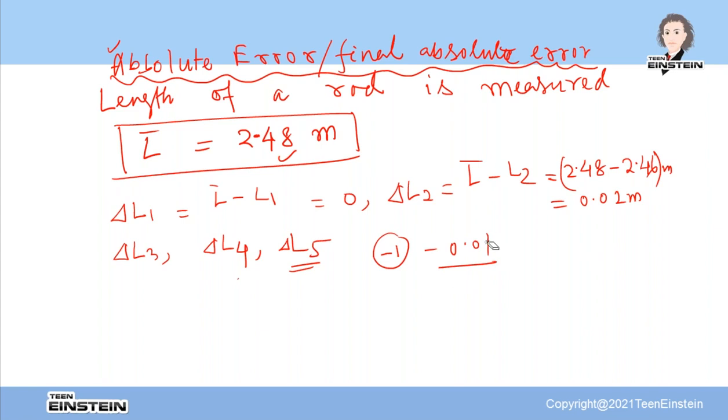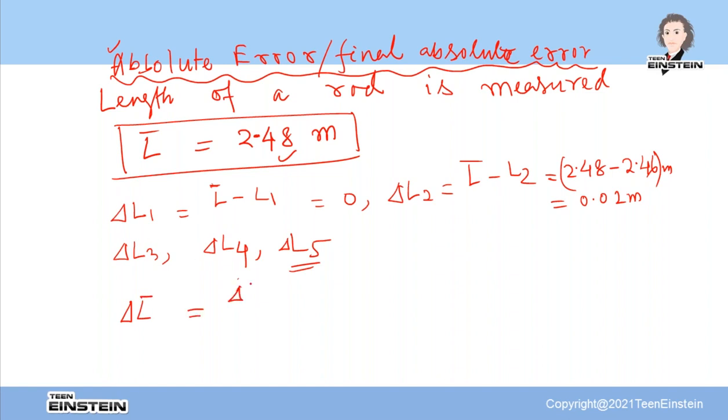Still, you have to take that minus as plus. In the definition itself we learned that the magnitude of the difference between the true value and the individual measurement is called absolute error. So we'll get it for all of them, and then I'll find the final absolute error, which we are going to find now.